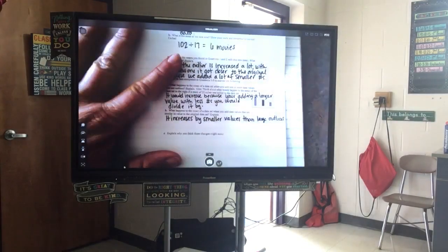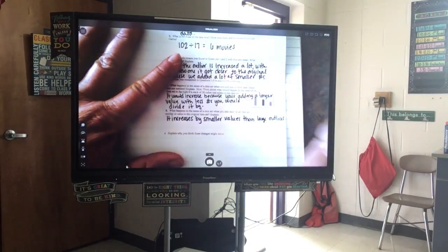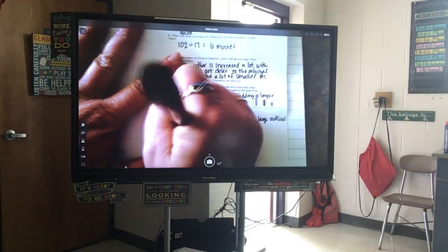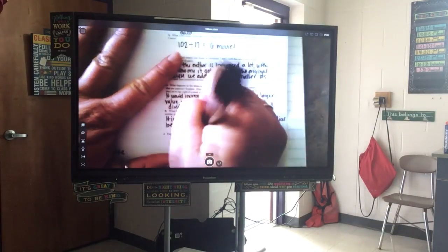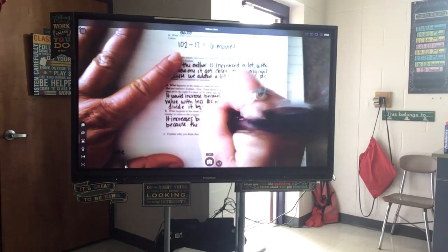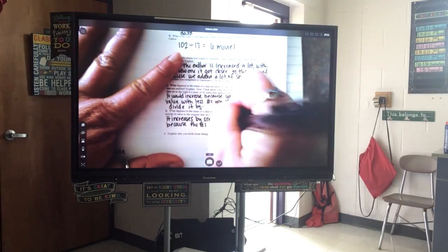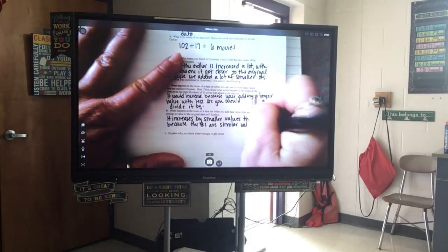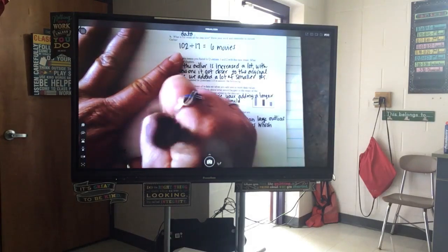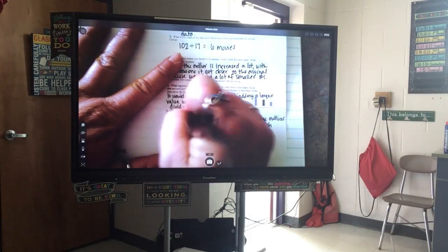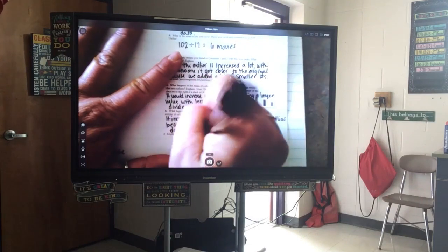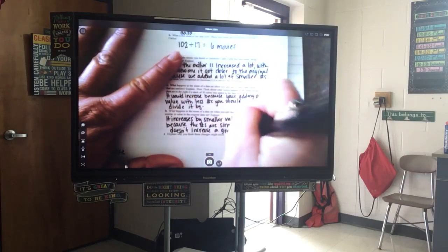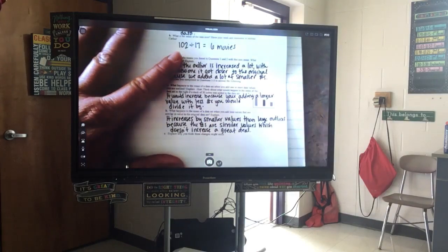Alright, it increases by smaller values than an outlier because the numbers are similar values, which doesn't increase a great deal. Alright, it's kind of like a happy medium.